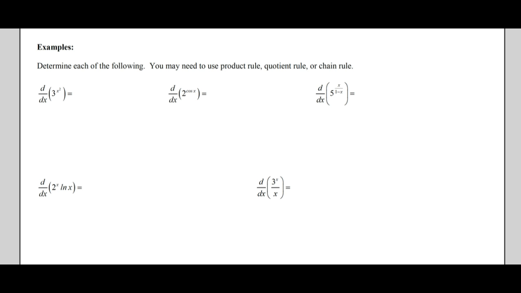So we've got 3 to the x squared, whatever's in the brackets, times the ln of the base, 3.